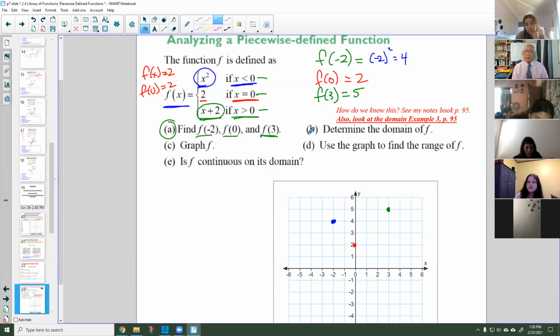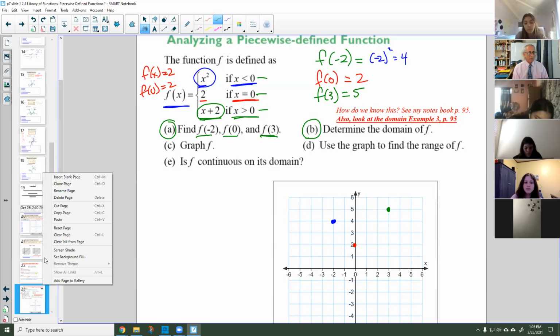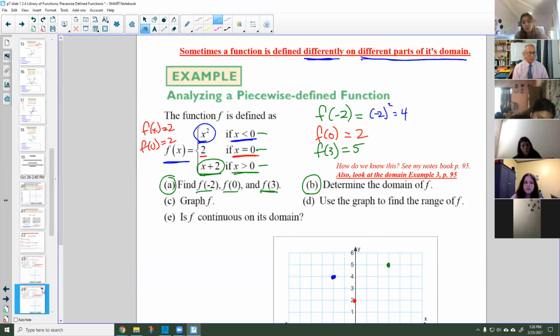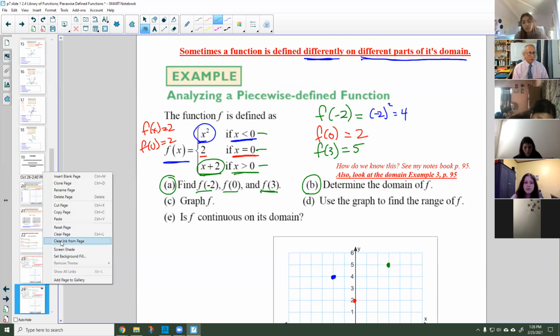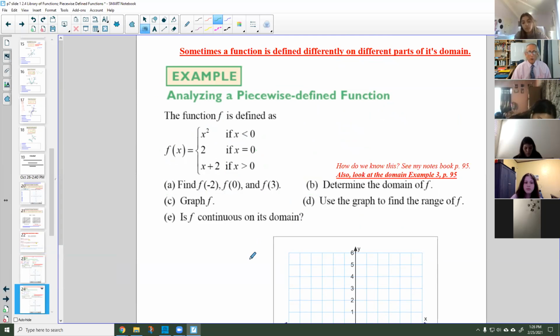The second part here is to determine the domain of this function. Now, let's make another copy of this. Clone it. And let's clear the ink off of this page. Very good. It's very important to understand that this right here is a single function.